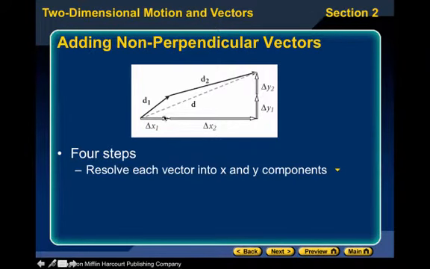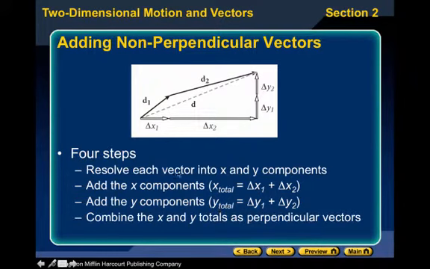You would have an x and a y component for this vector, and then an x and a y component for this other vector. We take the two x's, add them together, and the y's together, make a new triangle, find the resultant of this new triangle, and that would be your resultant.